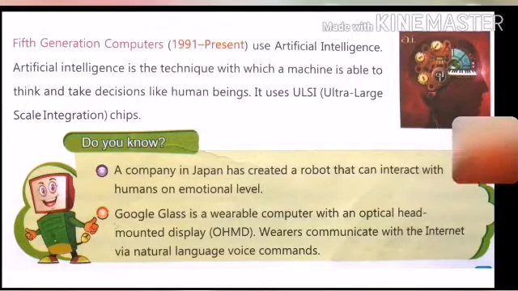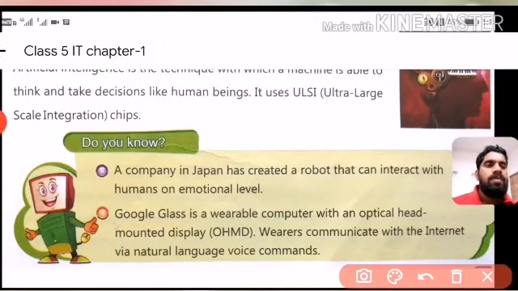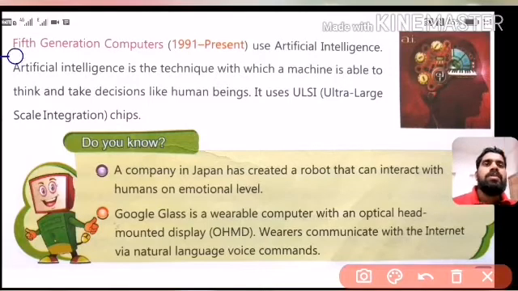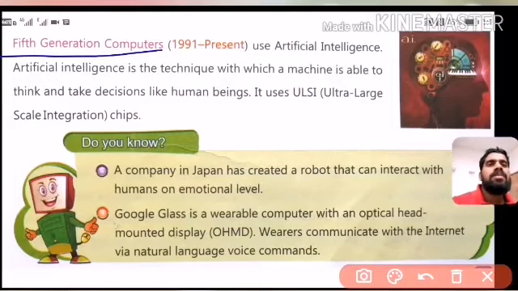Then the next is fifth generation computers. That period is 1991 to present. These fifth generation computers use artificial intelligence, AI. Artificial intelligence is the technique with which a machine is able to think and take decisions like human beings.